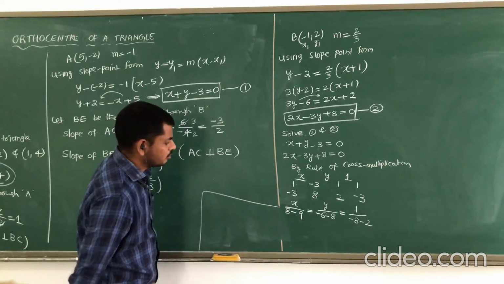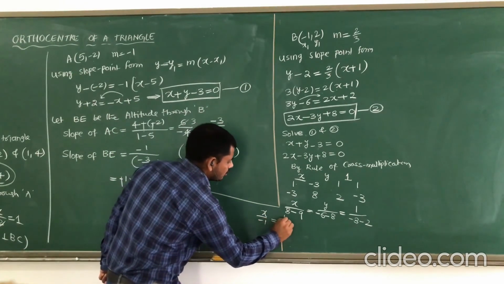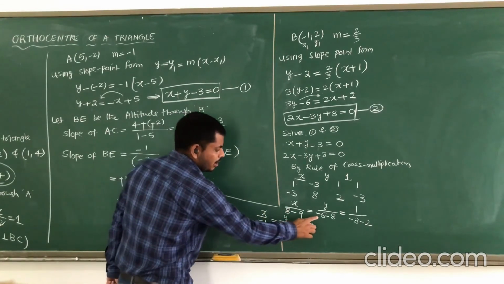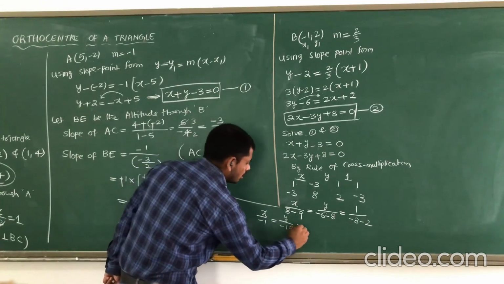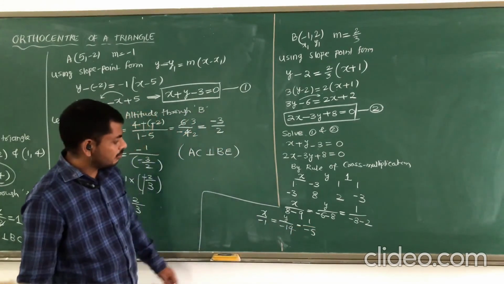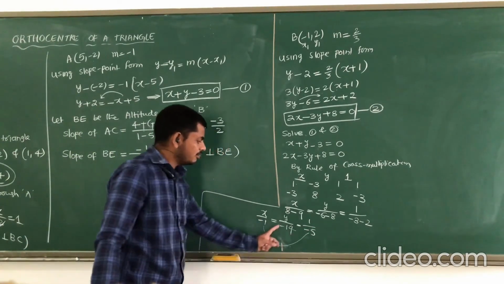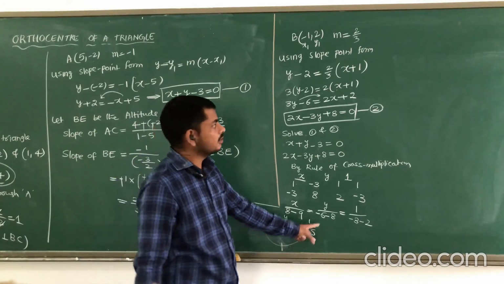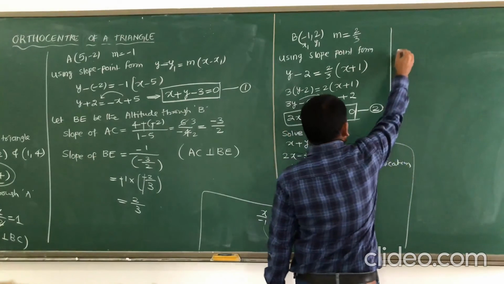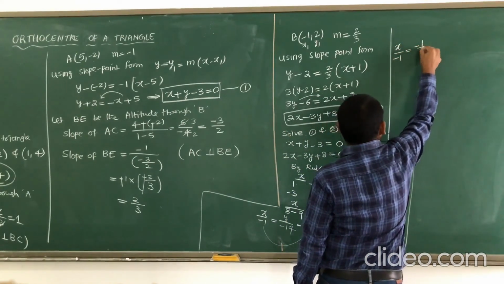Equate these two values: x by minus 1 is equal to y by minus 14, which is equal to 1 by minus 5. Here, equate the first to the last constant and the second variable with the last constant.